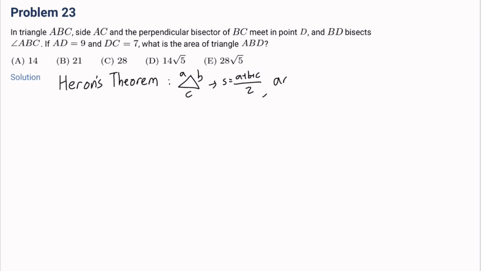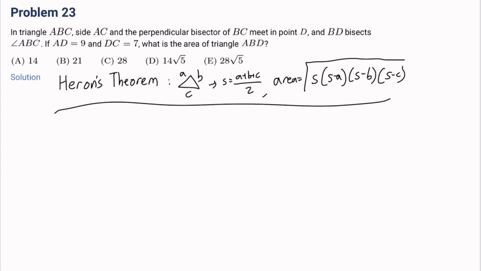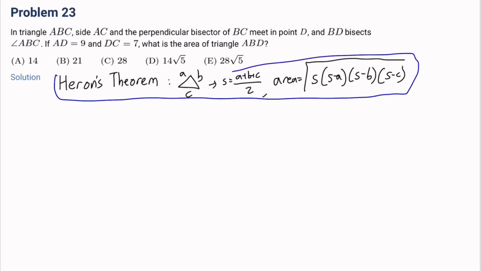Then the area is equal to the square root of S times S minus A times S minus B times S minus C. So this is Heron's theorem, and that's the formula we are going to use when solving this problem.